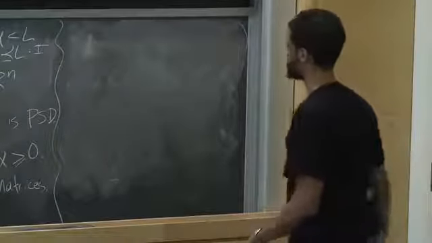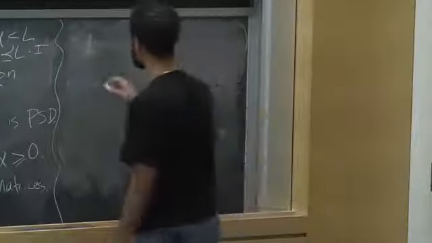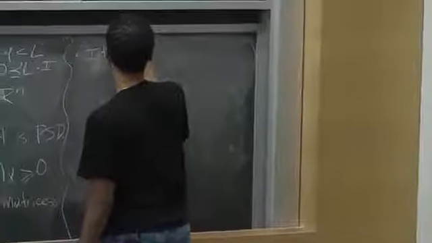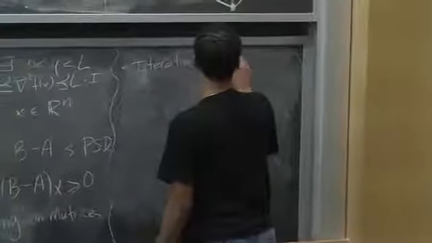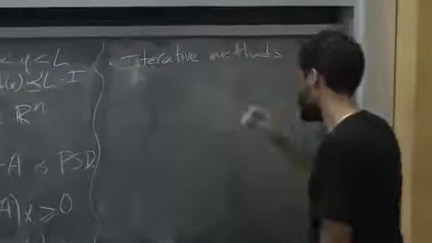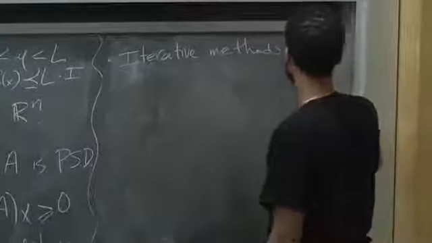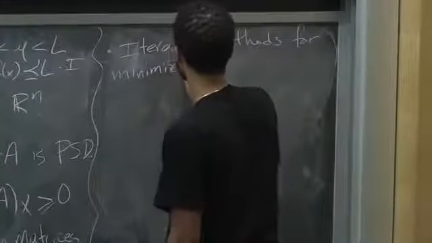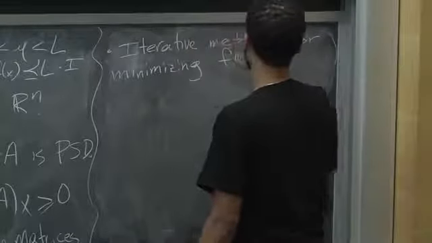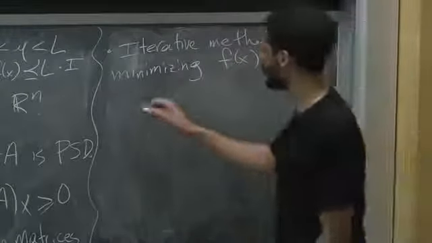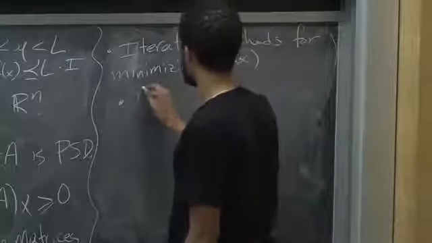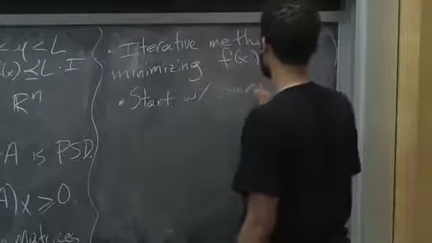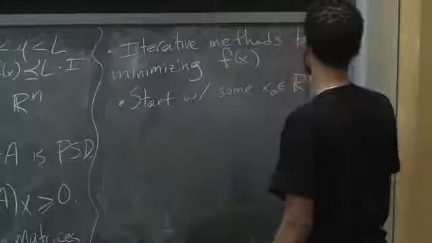So what do iterative methods do for minimizing f of x? Start with some x naught in Rn.